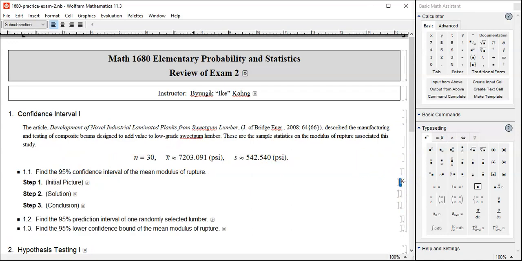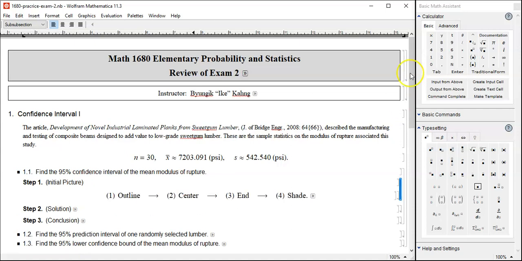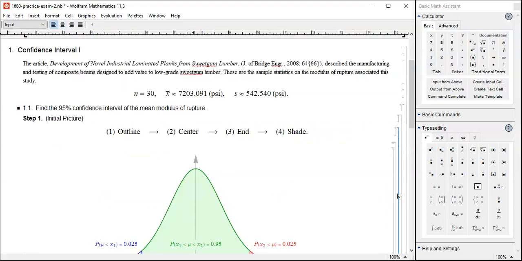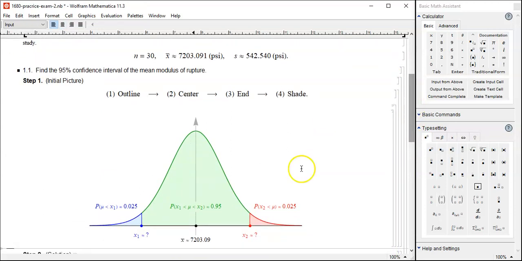First, this is probably the most important step: draw a picture. It looks like this. First, an outline, then mark the center, then the ends here and there, and then shade accordingly.